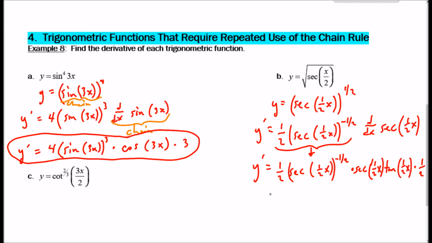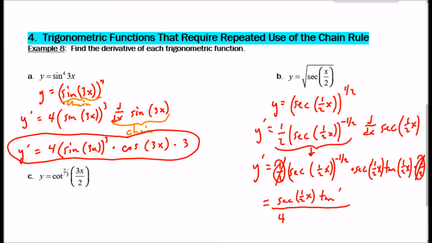Now, we could go through and try to clean this up some. We have this 1/2 and this 1/2 here. 1/2 times 1/2 gives us a 4th. All right, so that takes care of that part. Secant 1/2 x and tangent 1/2 x like being where they're at.